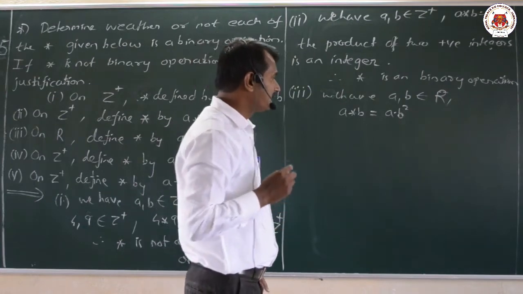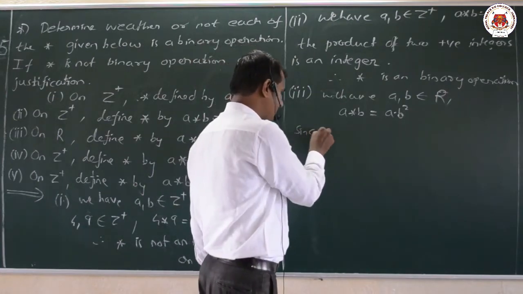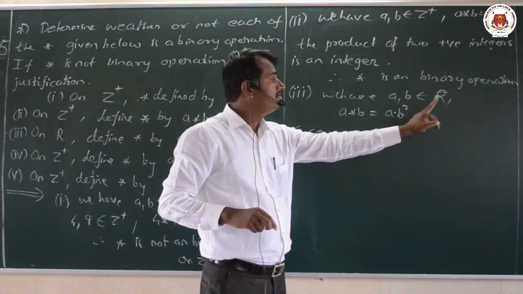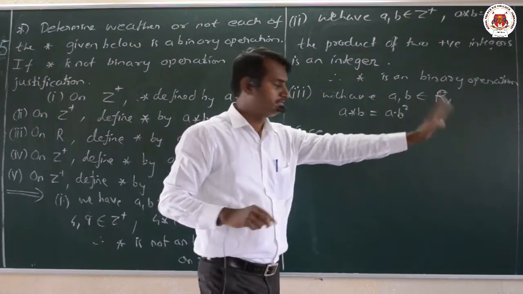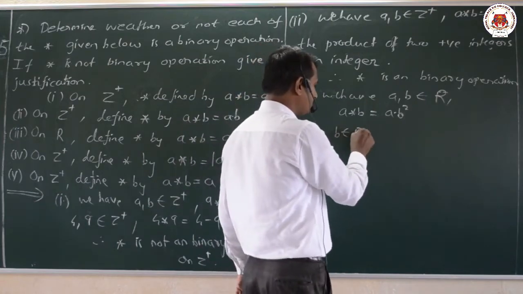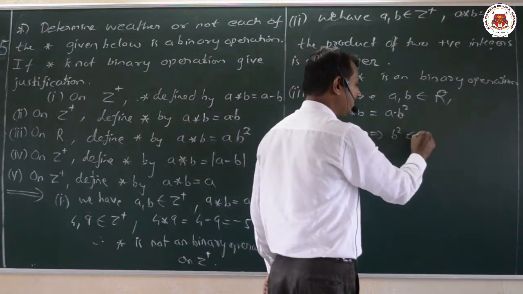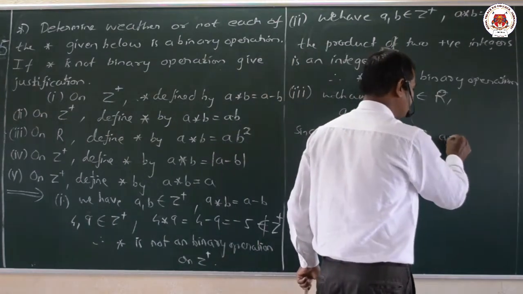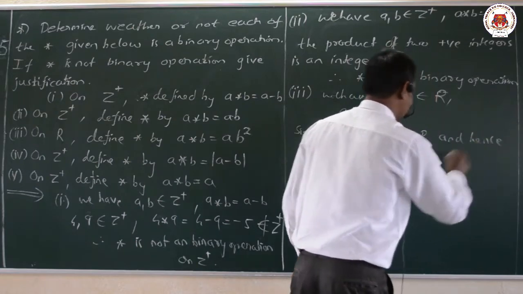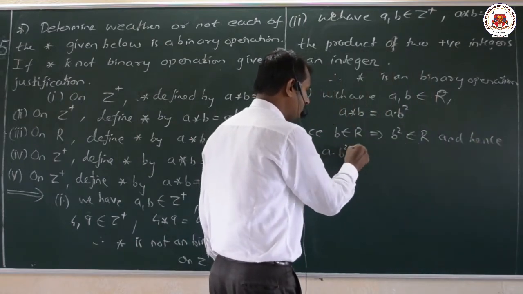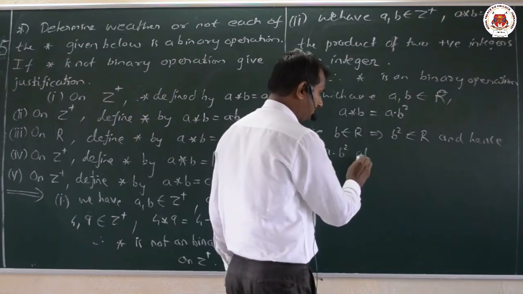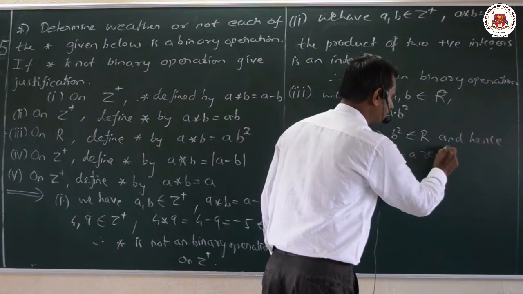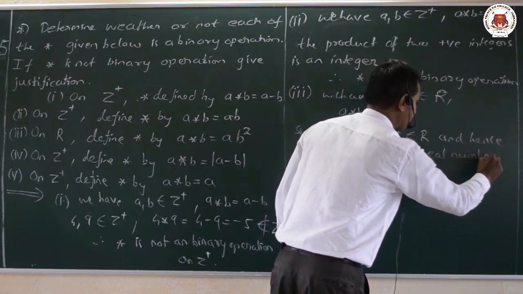Now here, since b is a real number, b belongs to the real numbers, the square of b is also a real number. Since b belongs to R, that implies b square also belongs to R. b square is also a real number, and hence a into b square is also a real number.